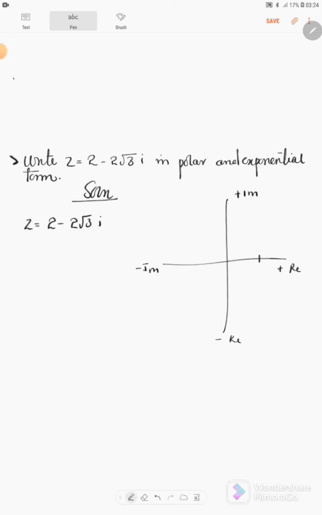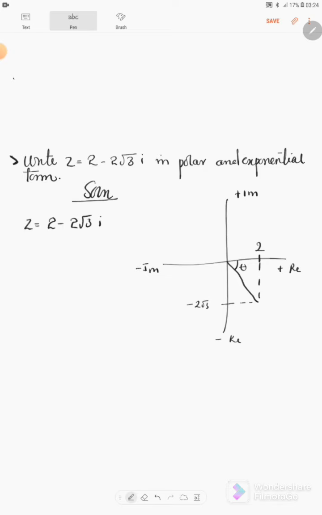That's 2. The imaginary part is negative. That's minus 2 root 3. Sketching this, the angle comes here, theta is here. After finding theta, we find the angle from here to here, as we have said above.